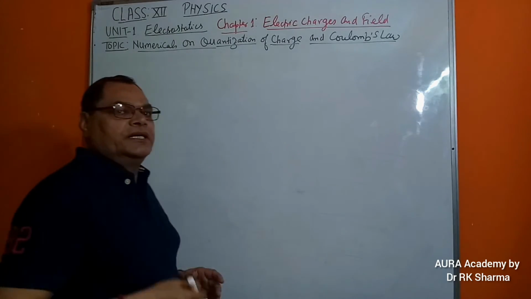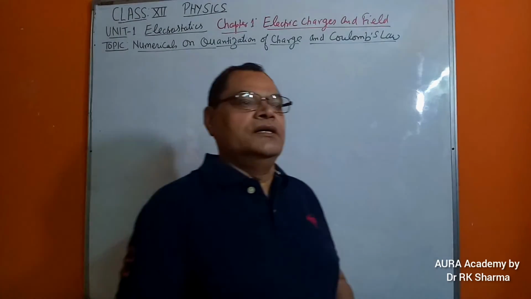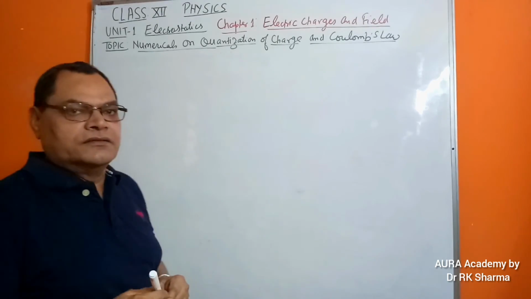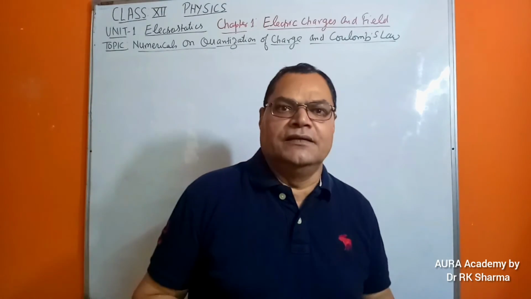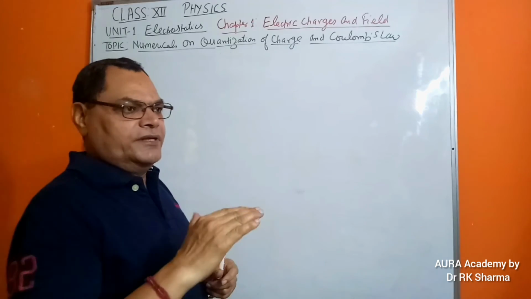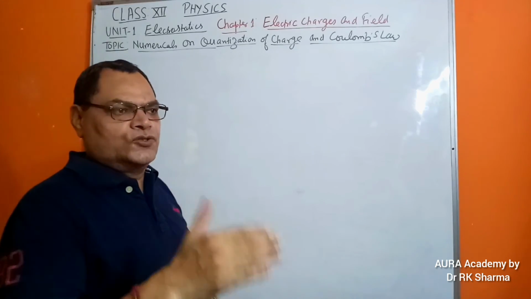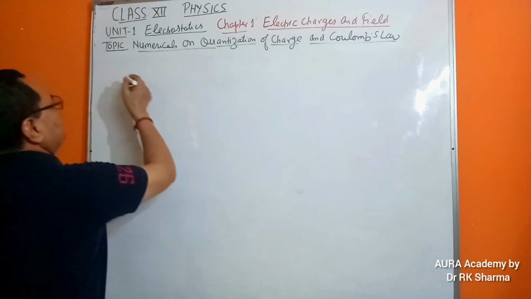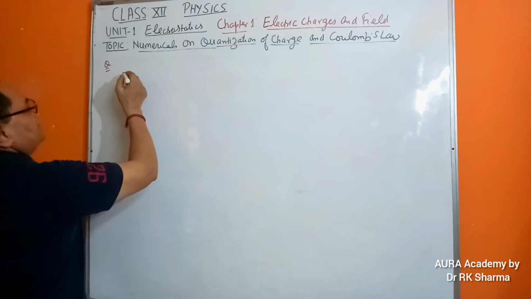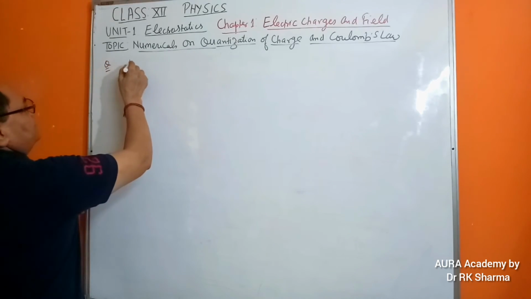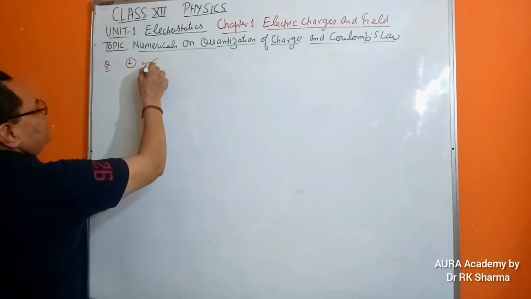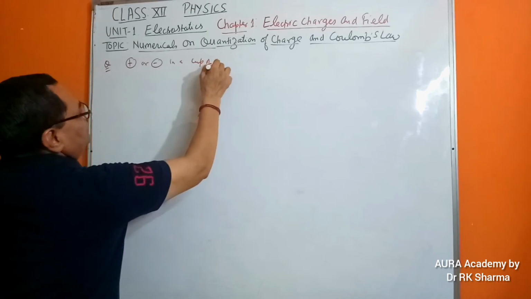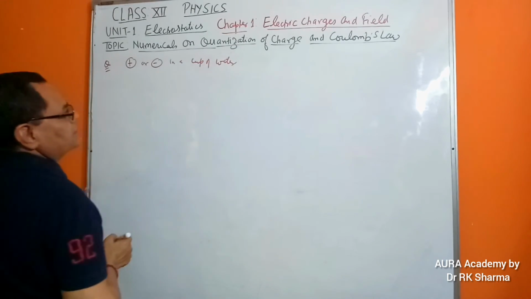Okay, now we will take a new question. Every day we are having a cup of coffee or a cup of tea, right? On an average we can think that there are 250 grams of water in a cup. The question says: find the total positive charge or the negative charge in a cup of water.